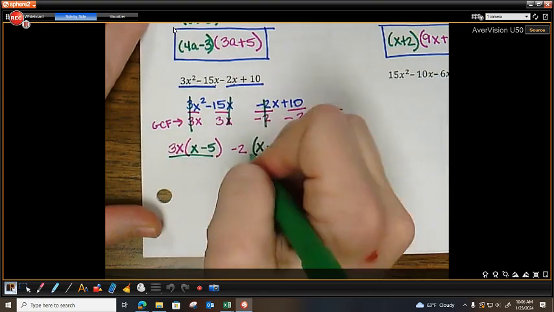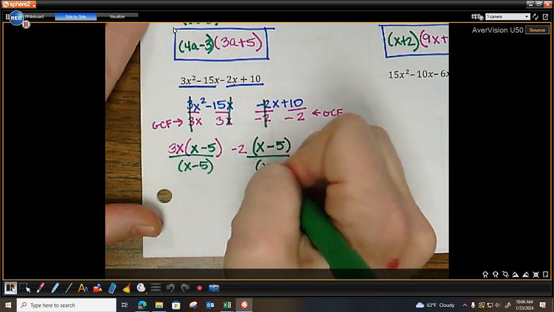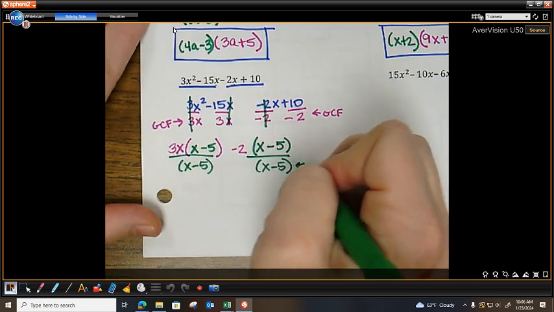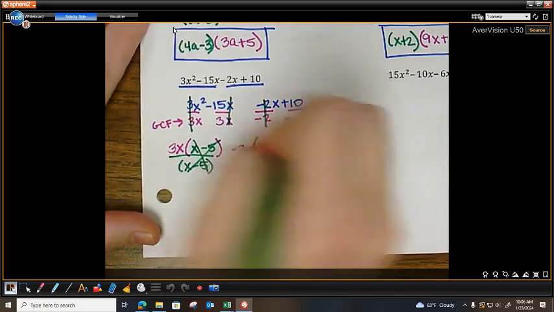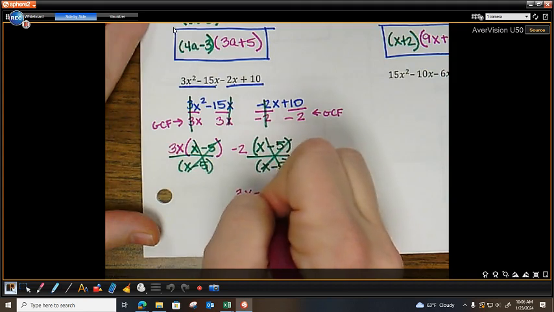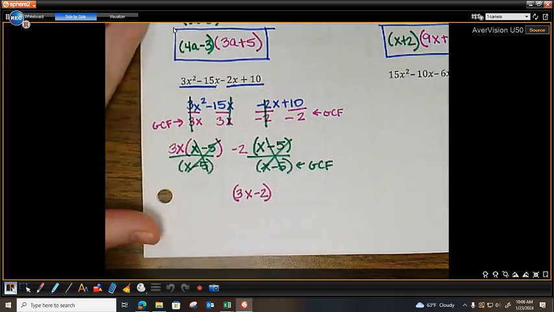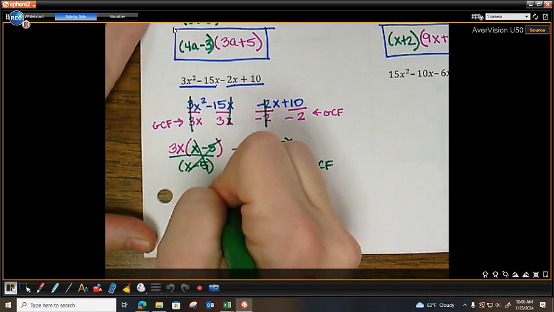The parentheses match. You have a common binomial. So divide out your common binomial, which is your new GCF. So what am I left with? Put it in parentheses. GCF goes in front, which is what? X minus 5. Done.